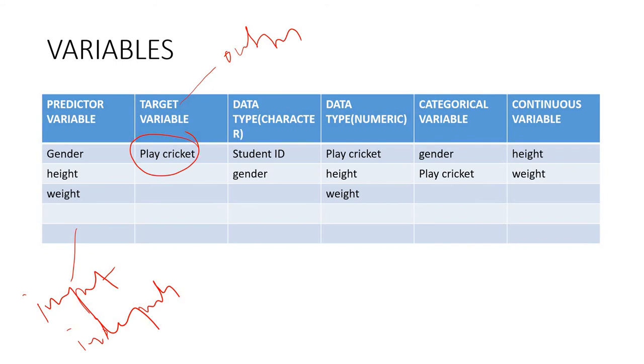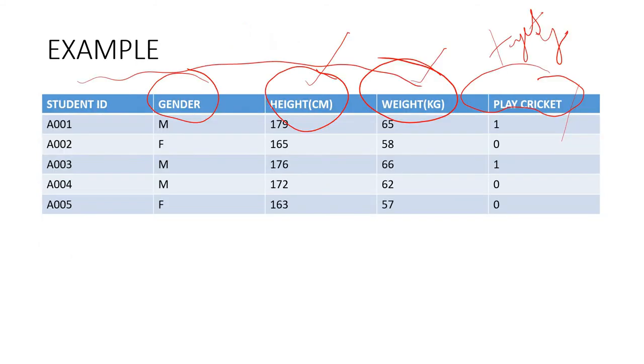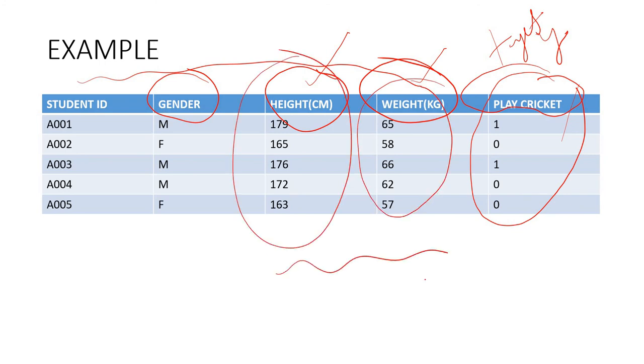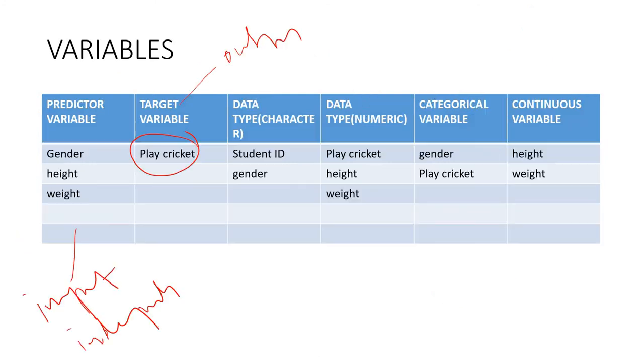Play cricket, whether it is input or output, is also numeric here. Weight is numeric, and height is also numeric. These three are numeric data, and these three are character data. So we have the character type and the numeric type.